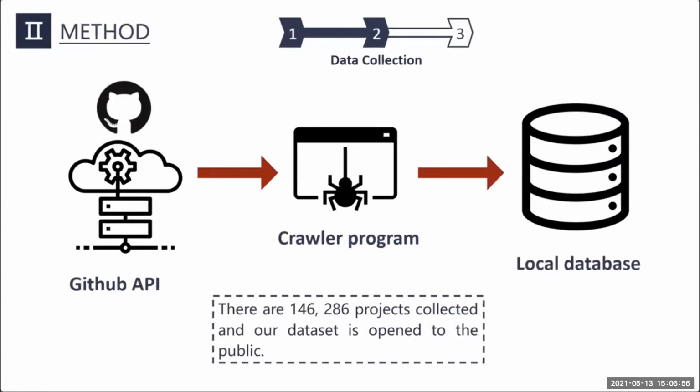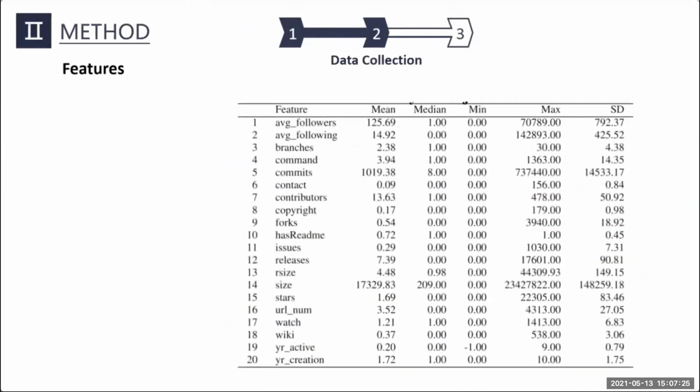So in order for our collected projects to be representative, we randomly sampled one project ID from every 1,000 projects, and in this way we are trying to mimic the project distribution in GitHub.